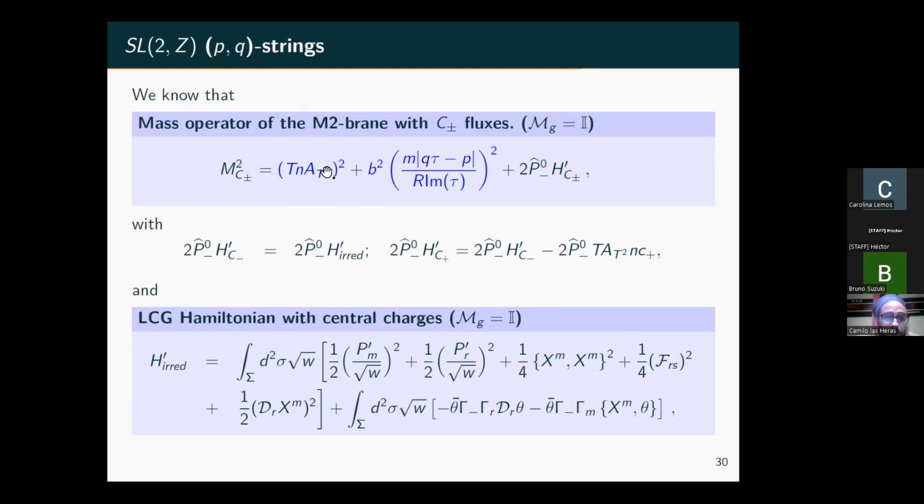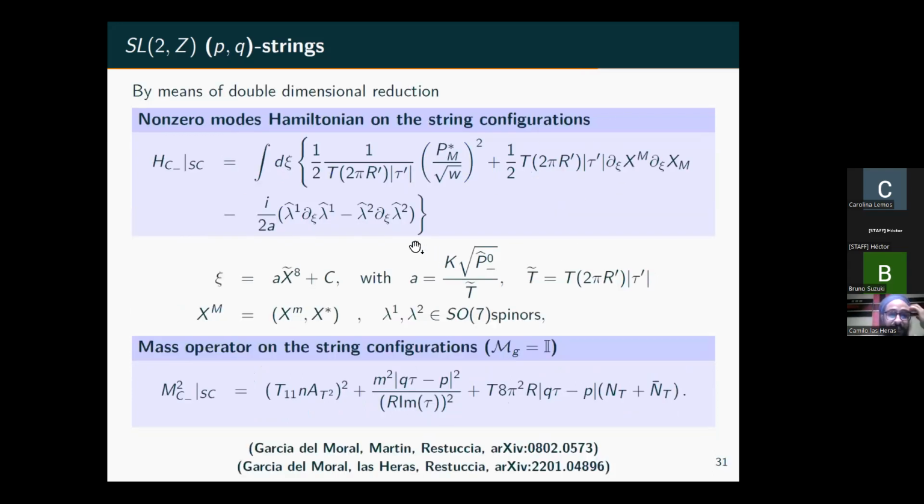So, as we were able to reproduce the winding and KK terms of Schwarz, and we also know how to compute the membrane excitations, we asked ourselves what we can do in order to generalize the work done by Schwarz to the supersymmetric degrees of freedom, considering the membrane excitations. What we have found is that if you consider a double dimensional reduction, we were able to obtain this Hamiltonian that we have here, where we have a kinetic term that has the same form as a string Hamiltonian, like a light-cone gauge Hamiltonian.